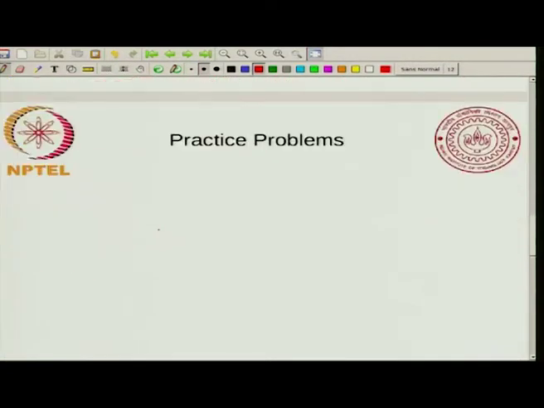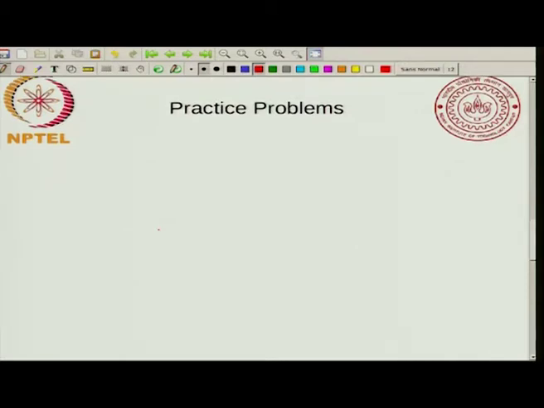The next problem that I want to do is a very well known physical problem, that of forced oscillations. If you remember, we had the damped oscillator: m y double prime plus c times y prime plus k times y.